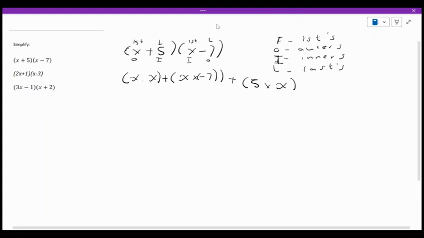I feel like the x's are going to confuse you, so we're just going to put a dot there and here as well. The I, that's for the inners, it's 5 times x, plus 5 times negative 7.